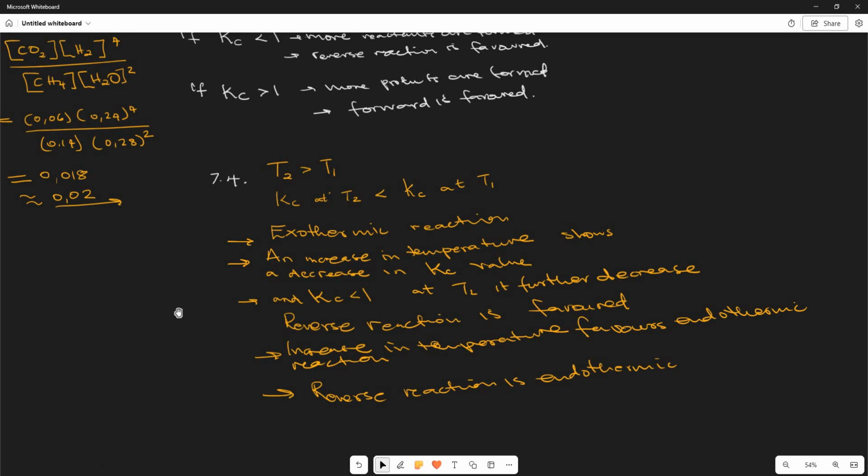We'll look at some questions where we may define Le Chatelier's principle, which talks about the disturbance of a system and the system reinstating a new equilibrium by favoring the reaction that will oppose the change that has happened.